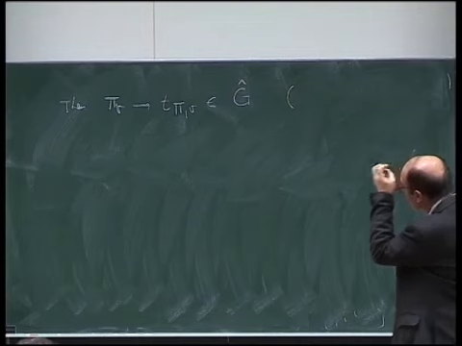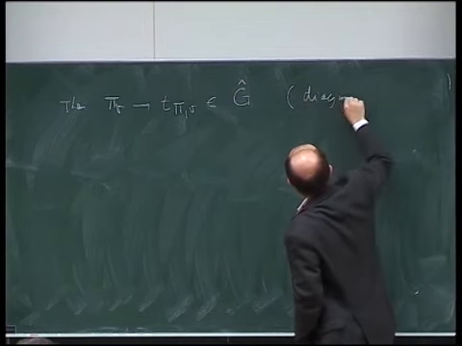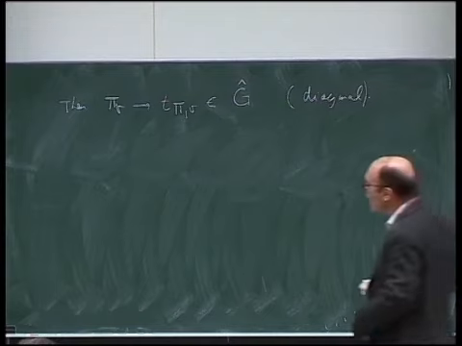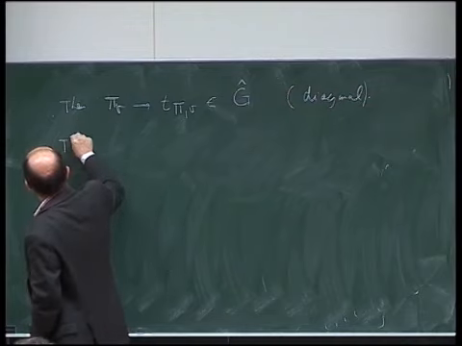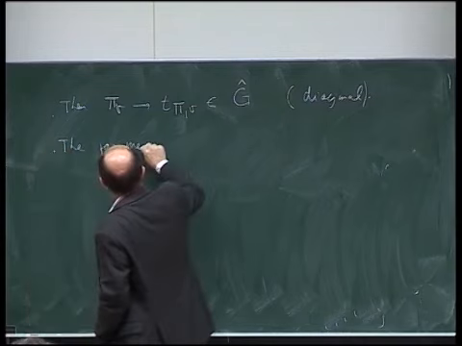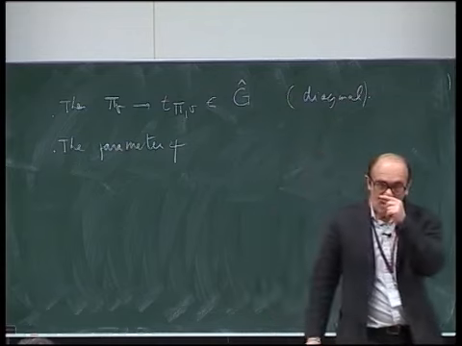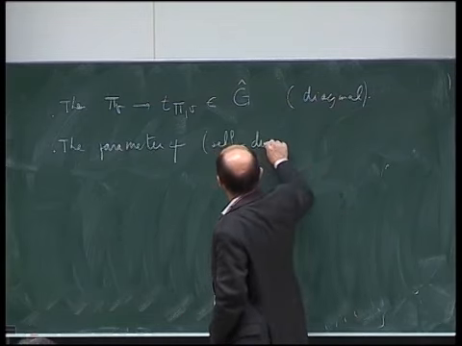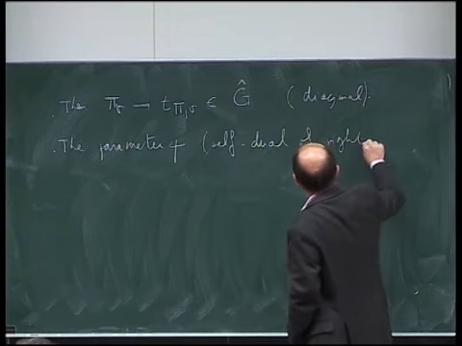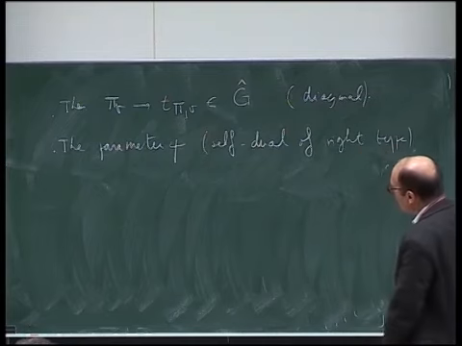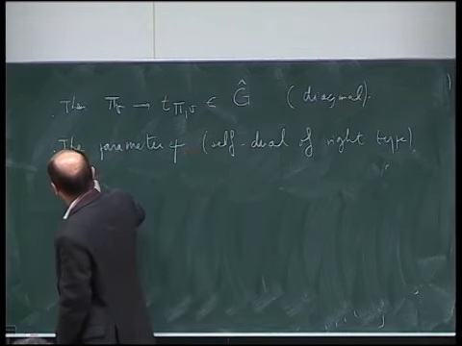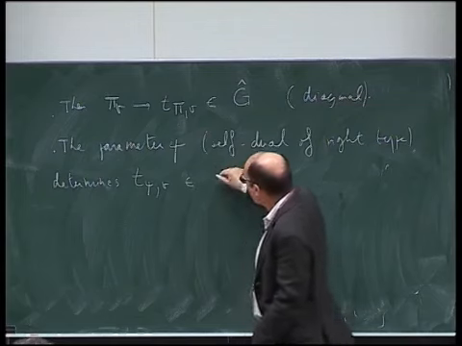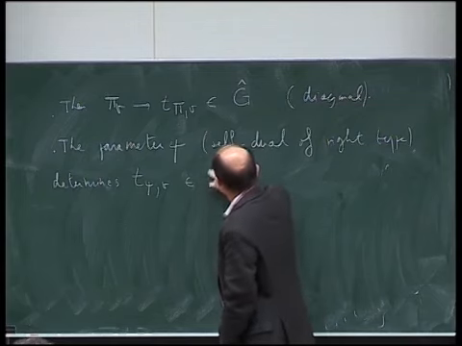And in fact, we can take a diagonal matrix. On the other hand, of course, the datum, the parameter psi, under the duality assumption, so self-dual of the right type, also determines an element T psi v, which a priori is contained in GL_N(C).